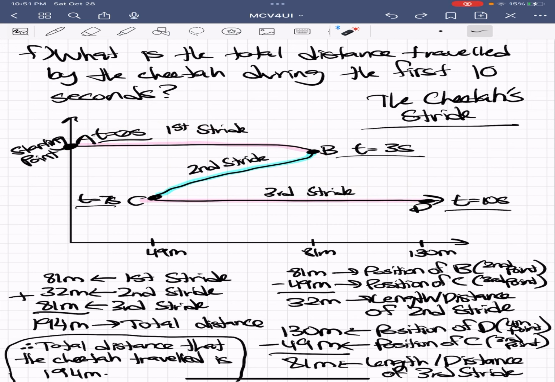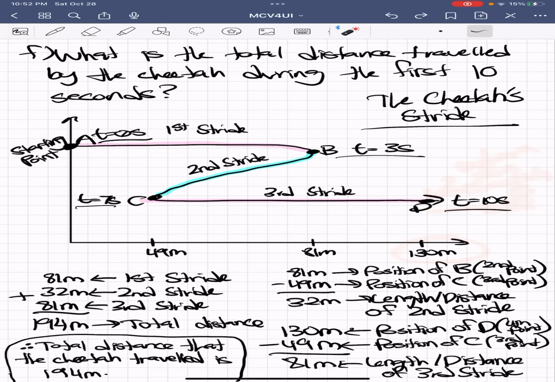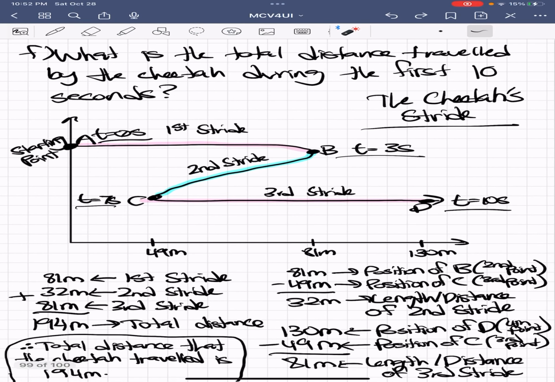And what we found there is where the cheetah is at 10 seconds. So that's what we found in E. I believe it was E. Yeah, that's what we found in E. And in F, it's the total distance traveled by the cheetah during the first 10 seconds.